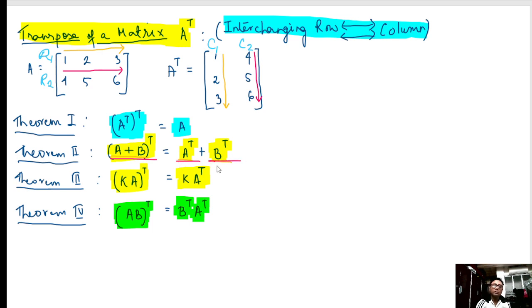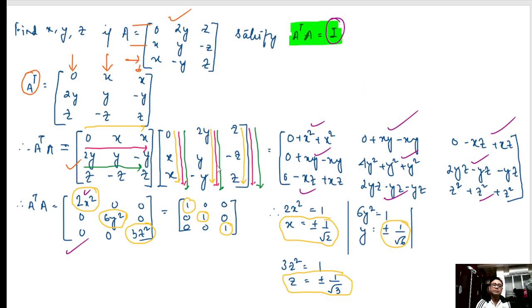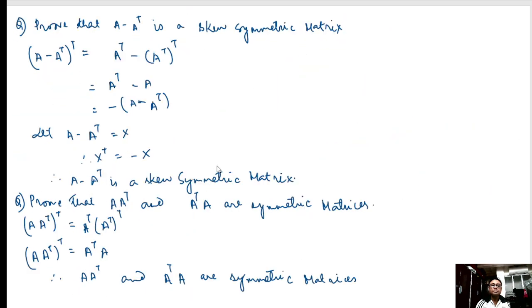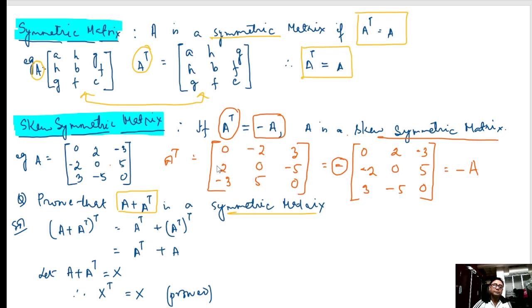So now let us go to our sum and see. Okay, so this is the sum. If I take A plus B, isn't it looking like A plus B transpose? So I will write A transpose plus B transpose.